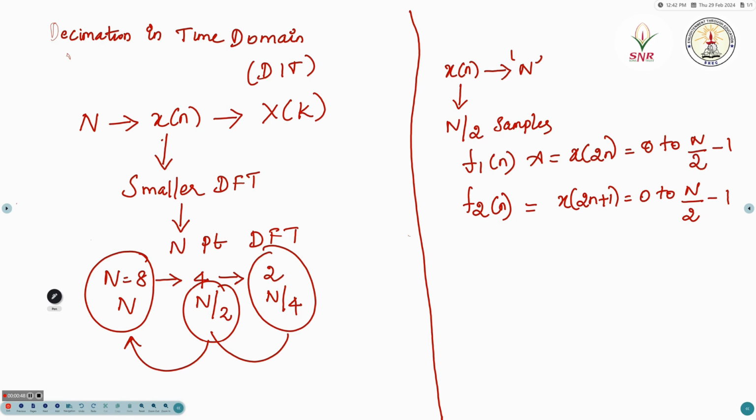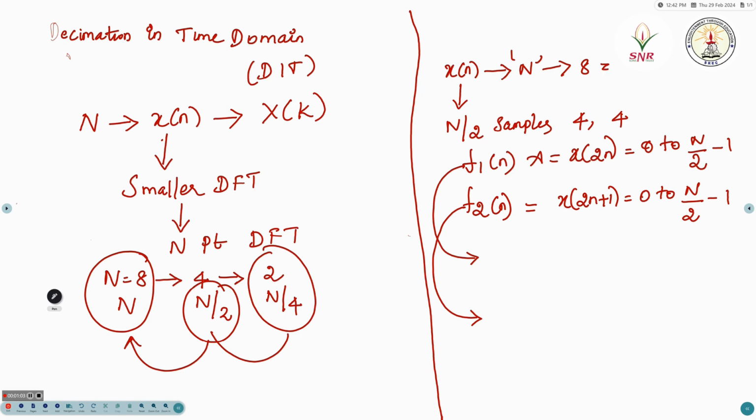So for example, if n is 8, the 8 samples are divided into 4 samples. The first 4 indicate the even samples and the second 4 indicate the odd samples.